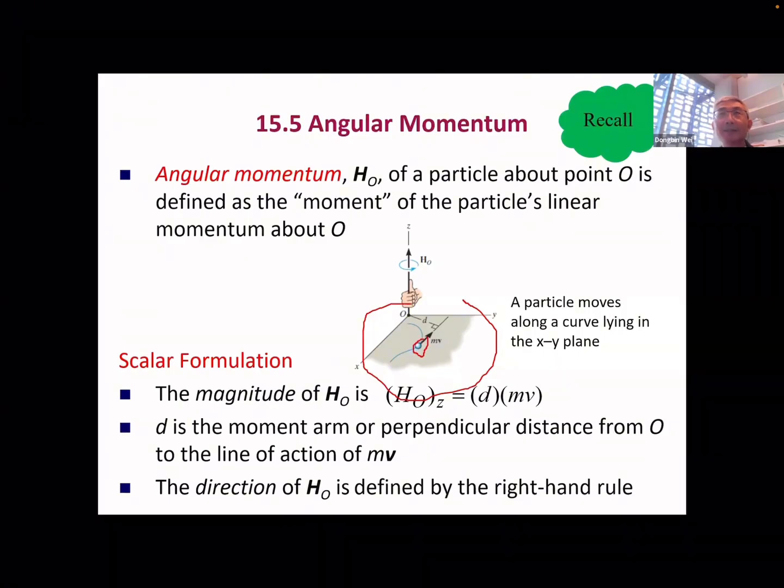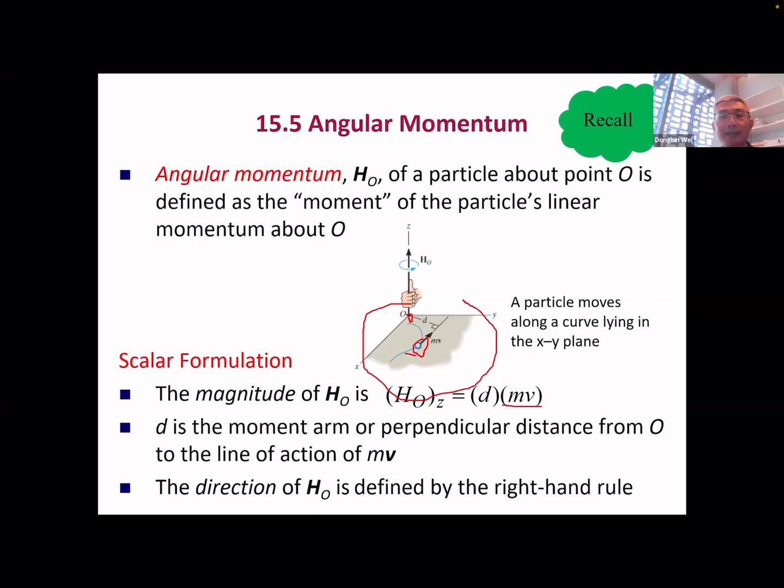So we know the linear momentum of this particle should be mv. But what about the angular momentum of this particle? We select a point, for example the origin point O of this reference, and we have an axis going through this point O, and this axis must be perpendicular to this plane XOY.